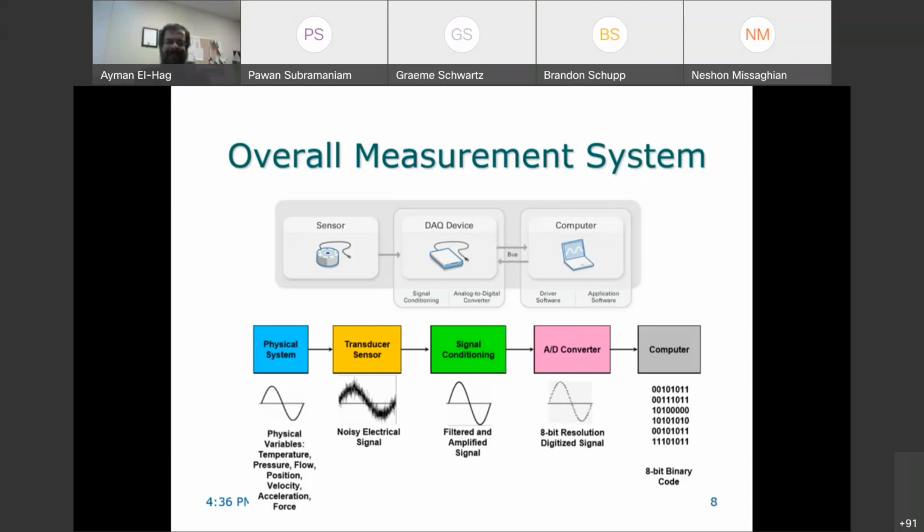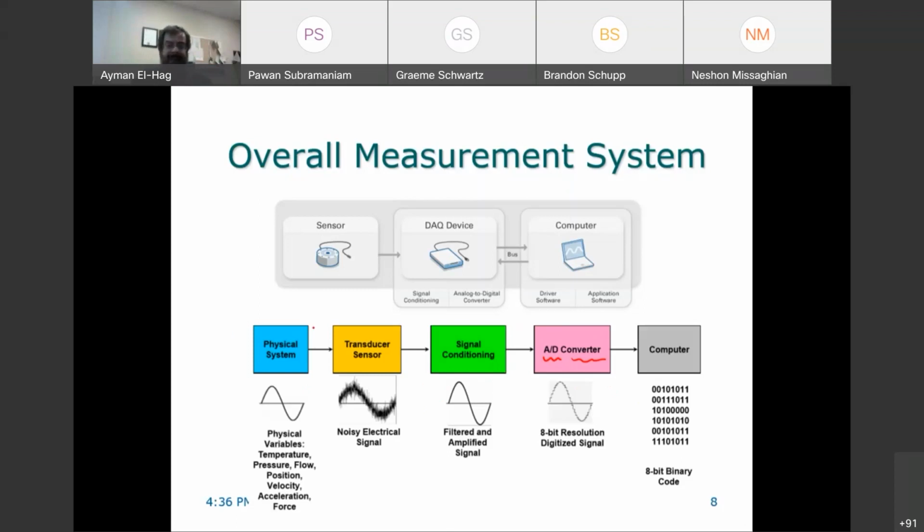Computer cannot understand this signal. You have to convert it from analog into digital. So we use what we call analog to digital converter. So this continuous data will be converted to ones and zeros. That's it. Everything will be ones and zeros, and then the computer can deal with this.